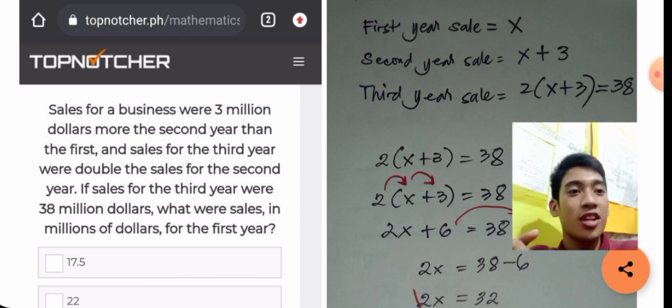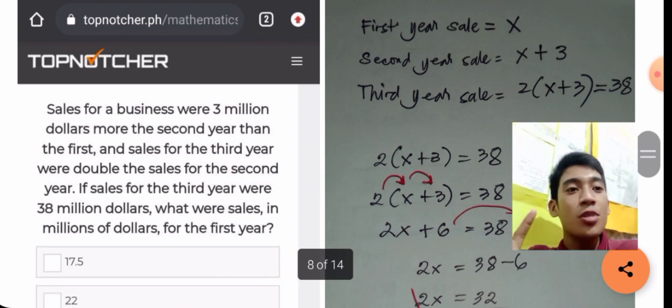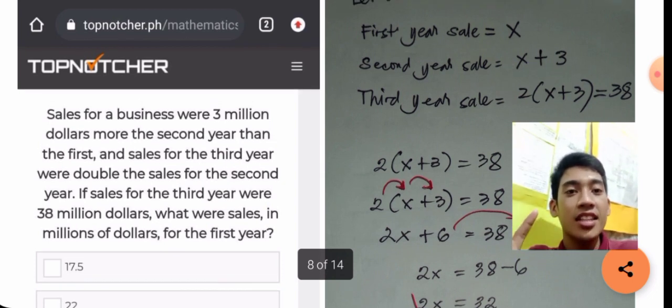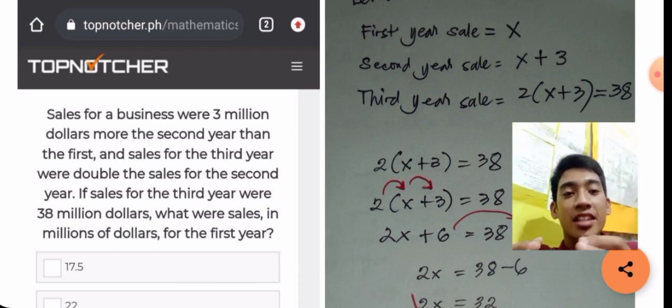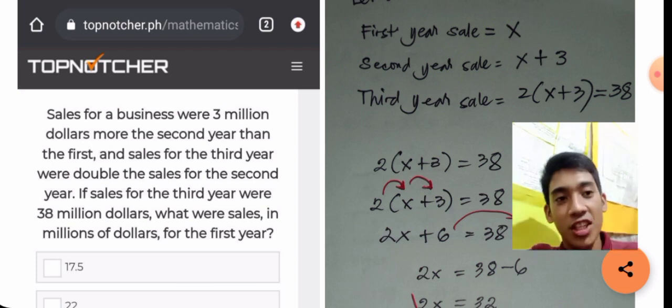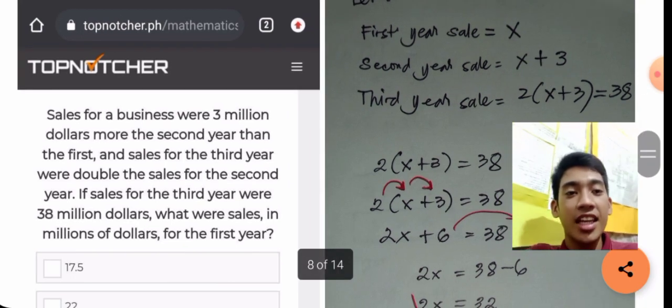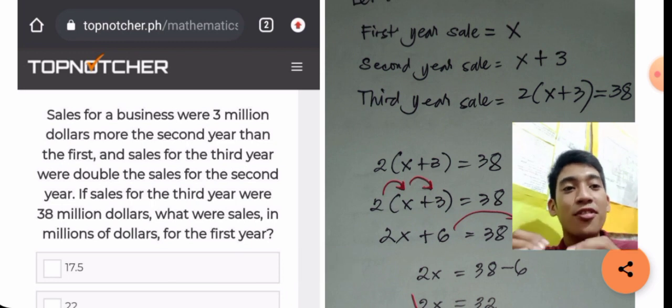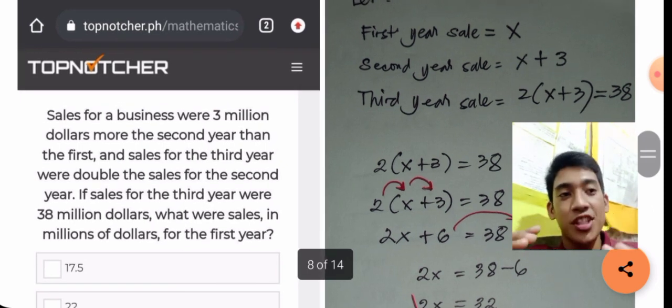For the second year, as stated, it is $3 million more than the first year, so we simply add 3 million to the first year. It becomes x plus 3.